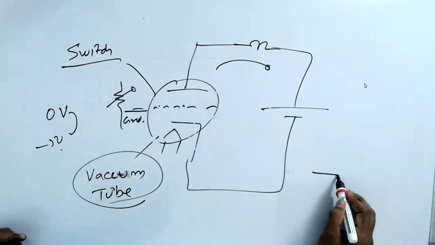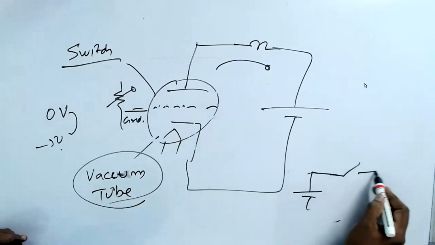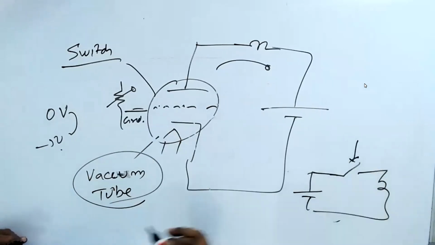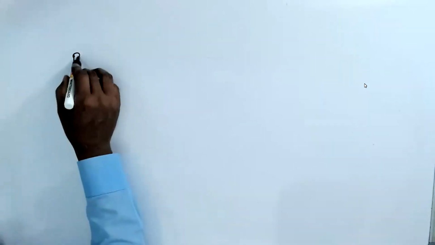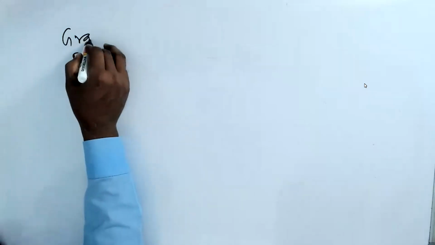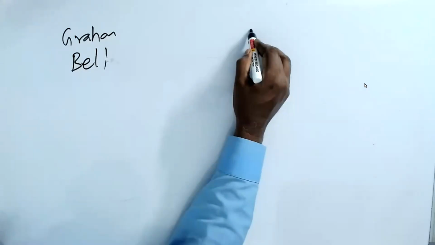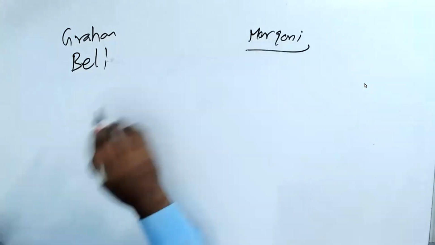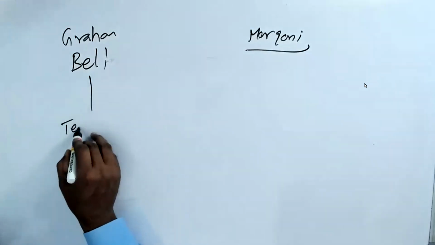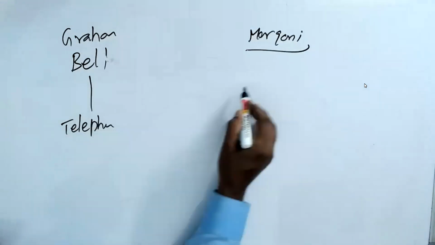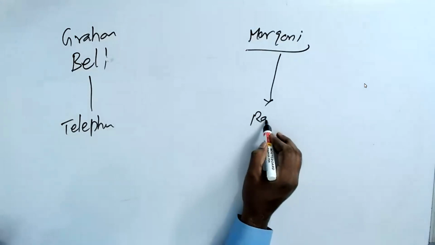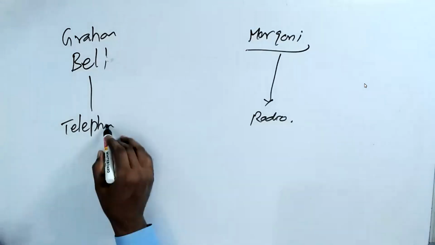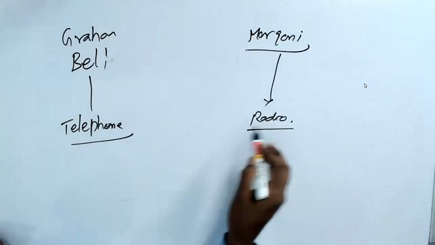So we have discussed that in the electrical circuit we have a switch, and now there is automatic control. Now they got it. And this is the one which helped, as I mentioned to you in the beginning, the two people, Graham Bell and Marconi, to invent the telephone and the radio.